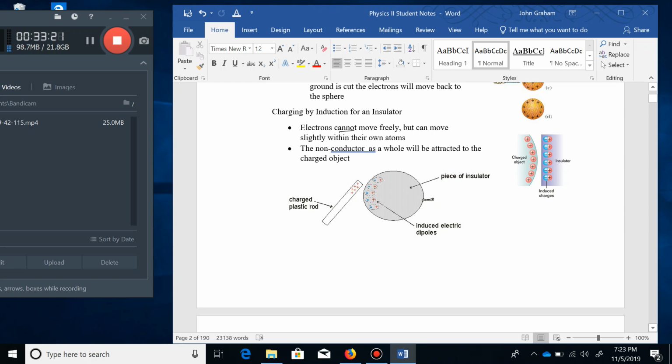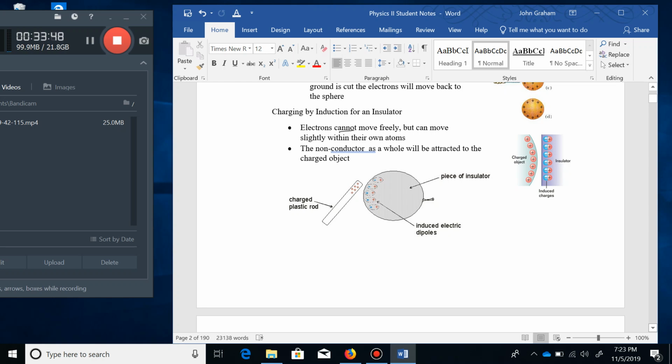And if you bring it close to something that's positively charged, the negative side will move towards it. And the positive side gets as far away as it can, but it's not able to go too far. And so this is getting more of a charge on one side that is negative, while the positive charges are repelled.